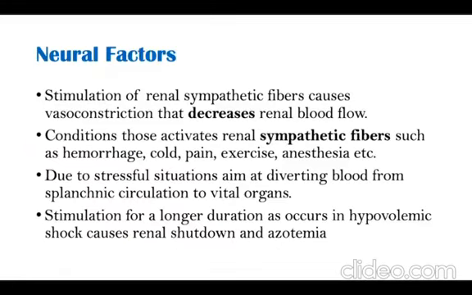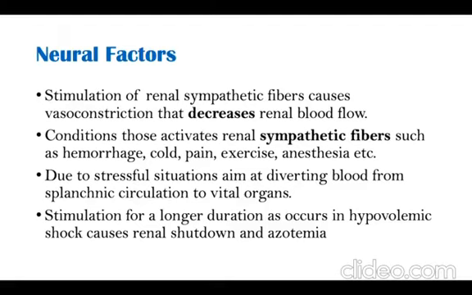Okay, for neurofactors, kidneys receive a rich supply of sympathetic nervous system fibers that enter the organ alongside the blood vessels. Stimulation of renal sympathetic fibers causes vasoconstriction that decreases renal blood flow, and conditions that activate renal sympathetic fibers include hemorrhage, cold, pain, exercise, and anesthesia.